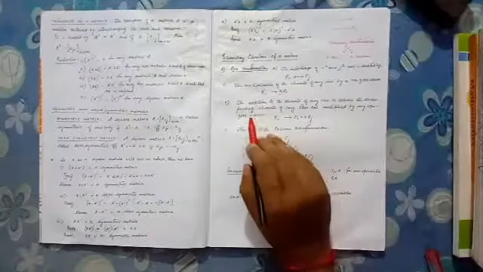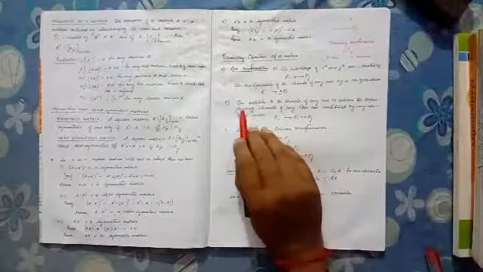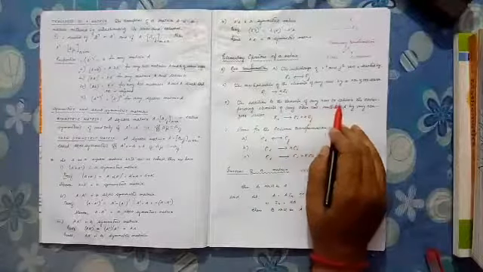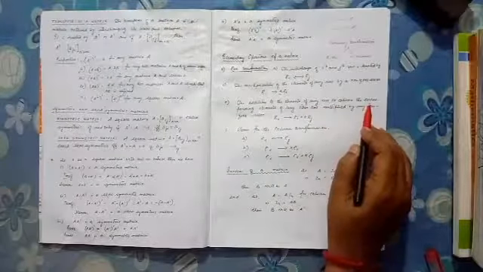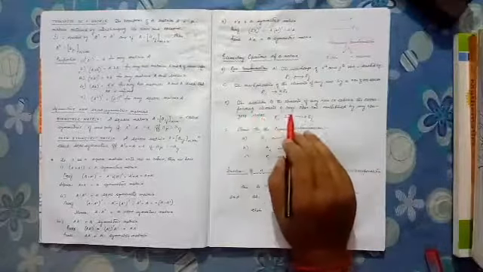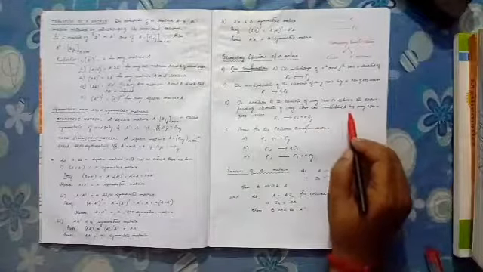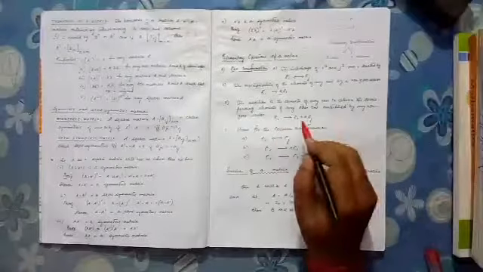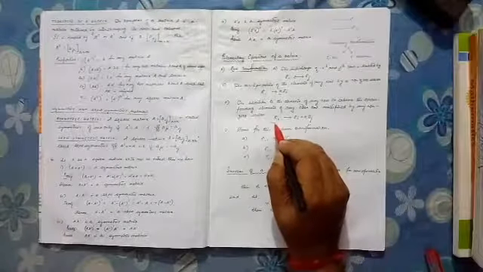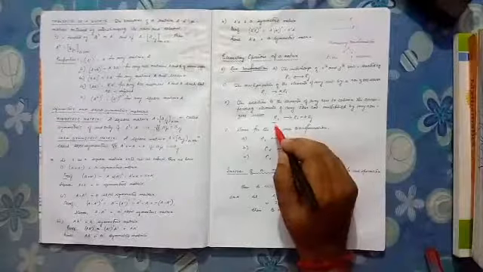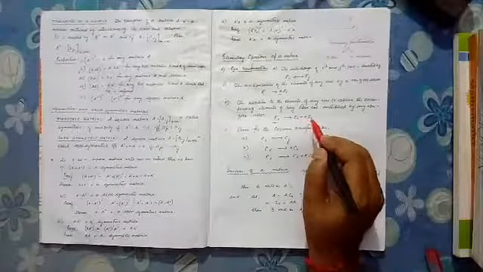Third operation. What is the third permissible operation? The addition to the elements of any row or column, the corresponding elements of any other row multiplied by any non-zero scalar. What is the meaning of this? Suppose you have the elements in Ri, say R1.